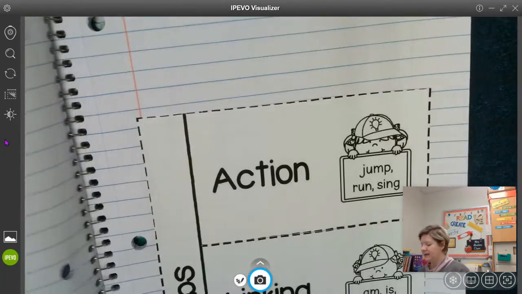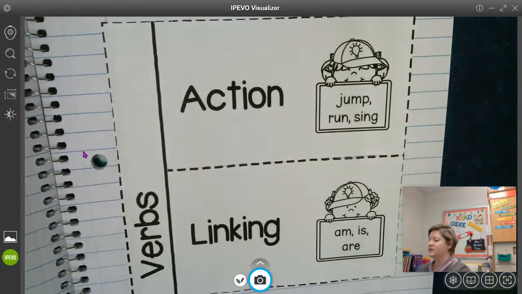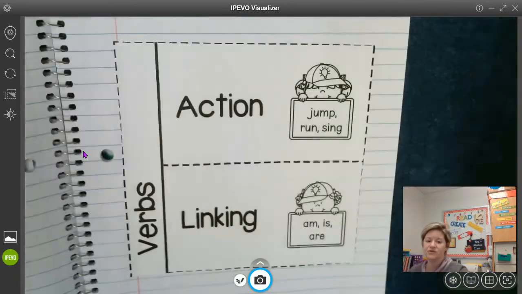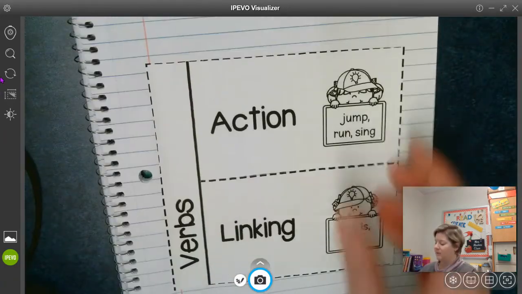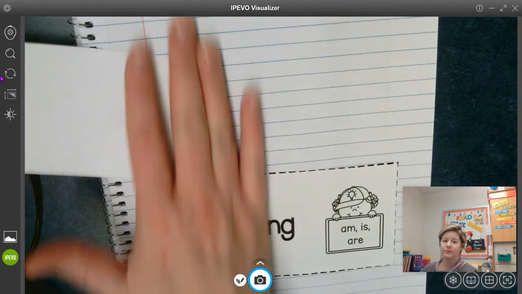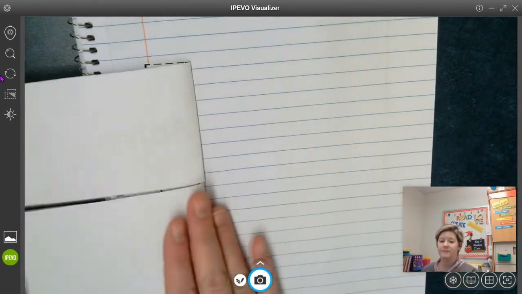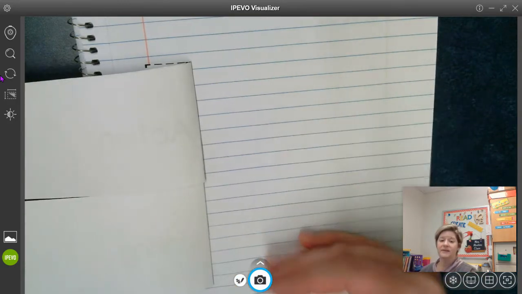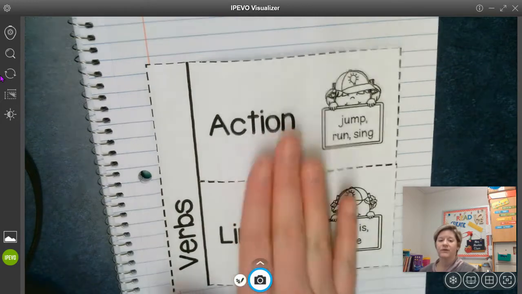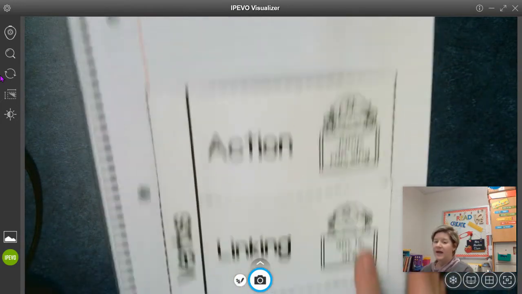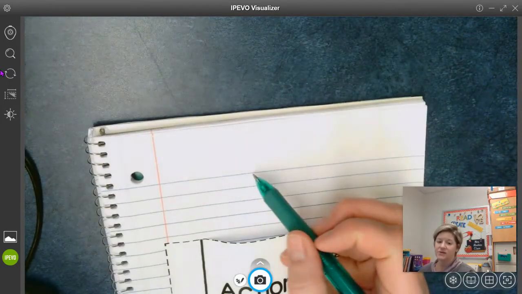Where is mine? Here we go. So as you can see, I have mine already pasted down into my notebook. You should have pasted yours down also in class today. We have these 2 flaps. So when we pasted them down, we made sure that we could still fold the flaps back so that we can write underneath them. So make sure that you have that ready. Up at the top, even though I have verbs right here, I'm going to write it at the top again.